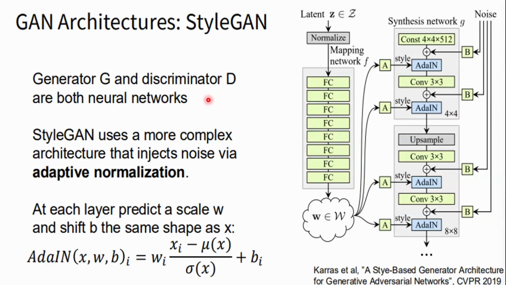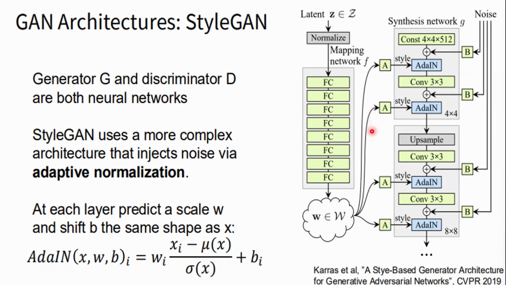Another step up from it is StyleGAN, which uses a slightly more complex architecture. As the generative model is learning, it will try to inject a bit of noise through adaptive normalization.